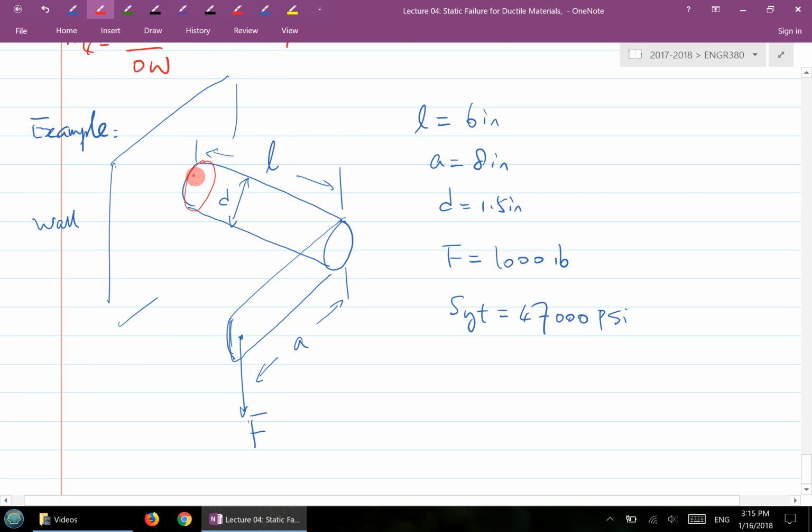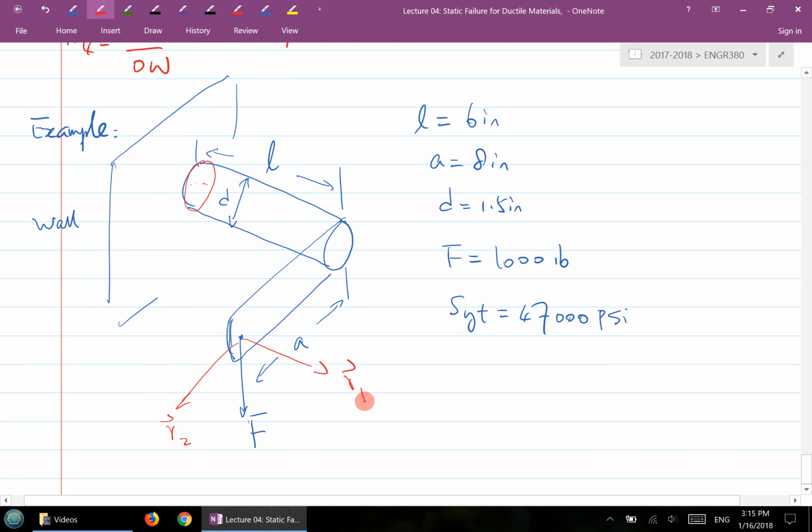How many moments are caused by this force with respect to the location of the wall here? 2. Yes, right? 2. And you can think about the direction of the moments. Moment is always r cross F, the displacement cross F. From here to here, you can have a displacement, and from here to here, another displacement.